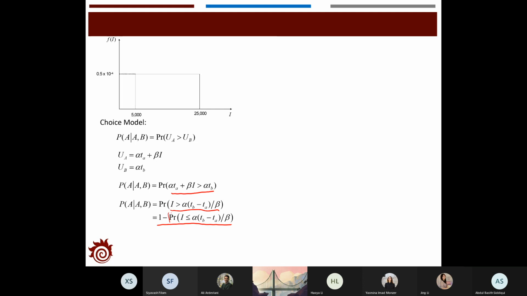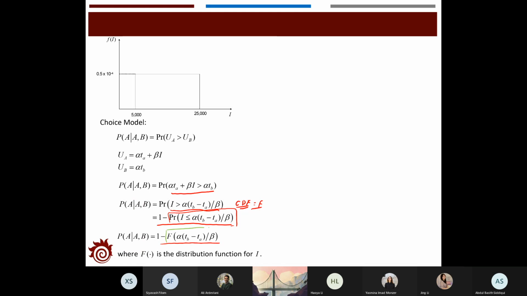The second part is the cumulative distribution function, the CDF, of the income level. So we can further simplify this as 1 minus capital F of alpha times TB minus TA divided by beta. This capital F is just the CDF of this distribution, and that's what we want to calculate. We need to find out what the expression is.